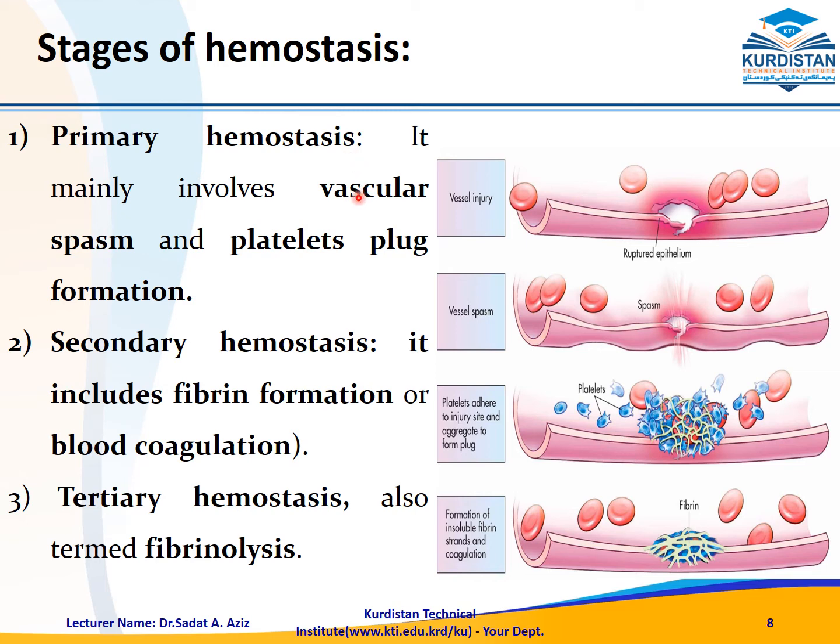During the primary hemostasis, there is a process of vascular spasm and platelet aggregation, while during the secondary hemostasis, there is a process of fibrin formation or blood coagulation. And during the process of tertiary hemostasis, there is a process which is called fibrinolysis.